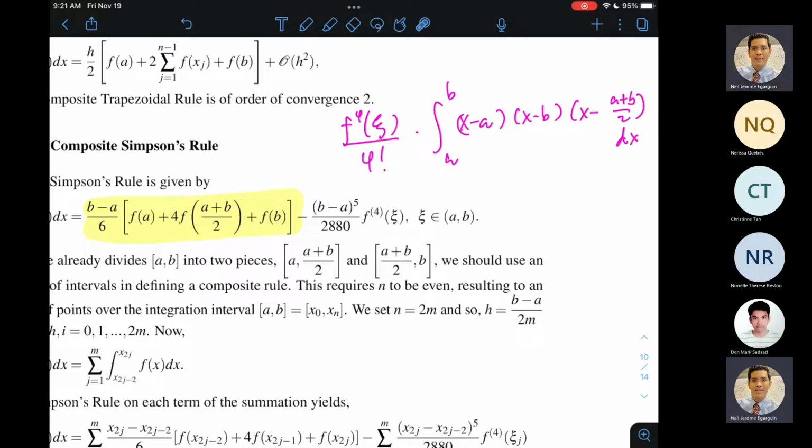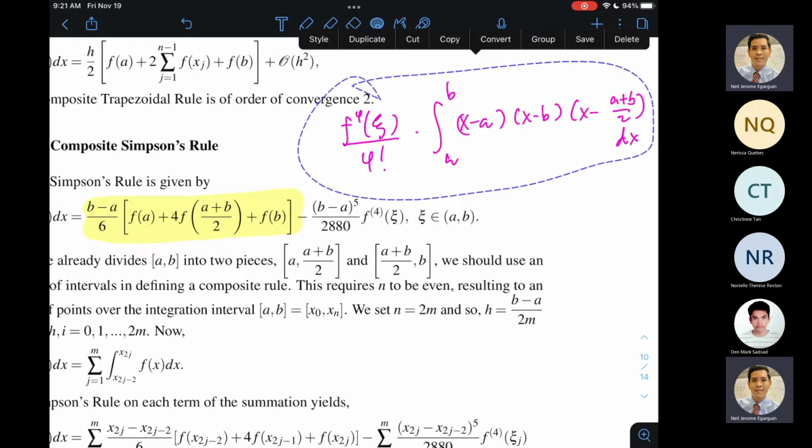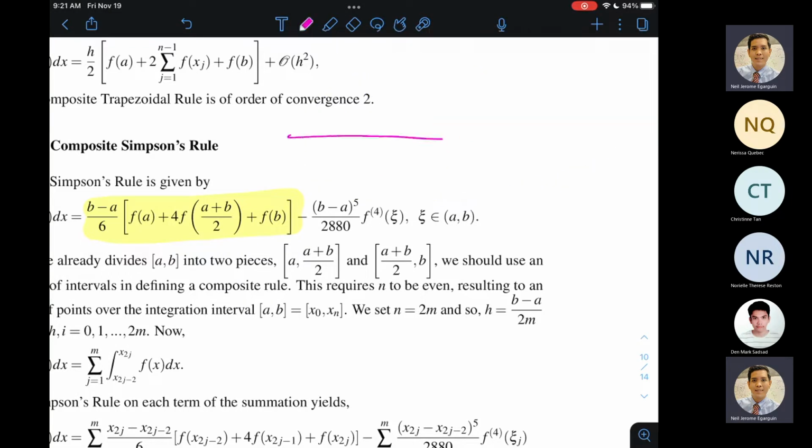Okay? So, ang kaibahan dito sa derivation ng composite Simpson's rule sa composite trapezoidal, kailangan medyo maging maingat ako dun sa pagpili ng sub-intervals o pag-define ng mga sub-intervals. Kasi kung matatandaan nyo, ang basic application ni Simpson's rule, A, B, gagamitin niya to, A plus B over 2.